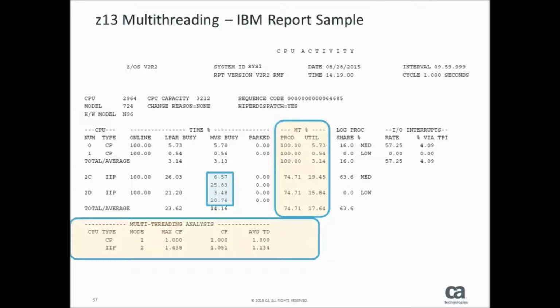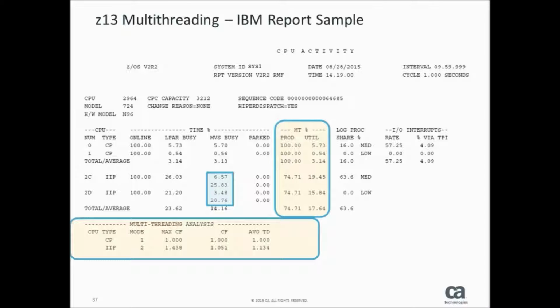But now we see 2 values under MVS busy. We see the busy time for thread 1 and the busy time for thread 2. So that's going to be different. You're going to see the busy times of each thread as opposed to just a single value like you used to see in the past or like you see up here for the CP processor.